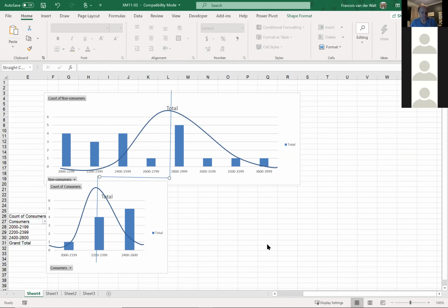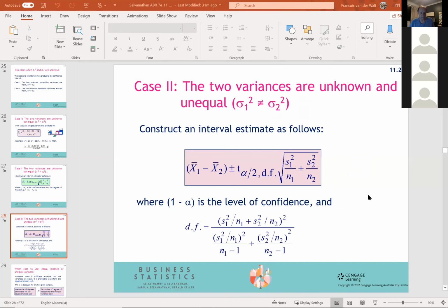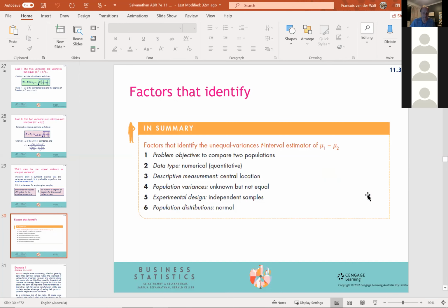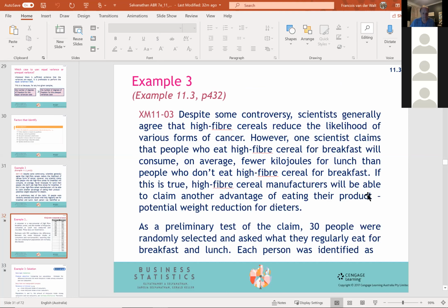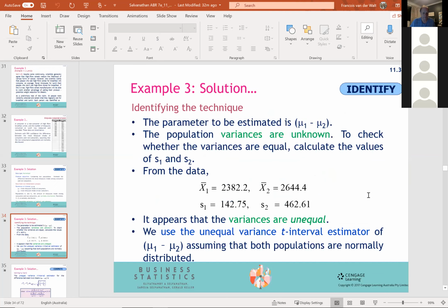Okay, so we do another exercise on the same, or let's just quickly look here at what they've done. They talk a little bit about the t-test and so on. Let's see what they got as an answer. There's the data. There's the calculations that they've done.